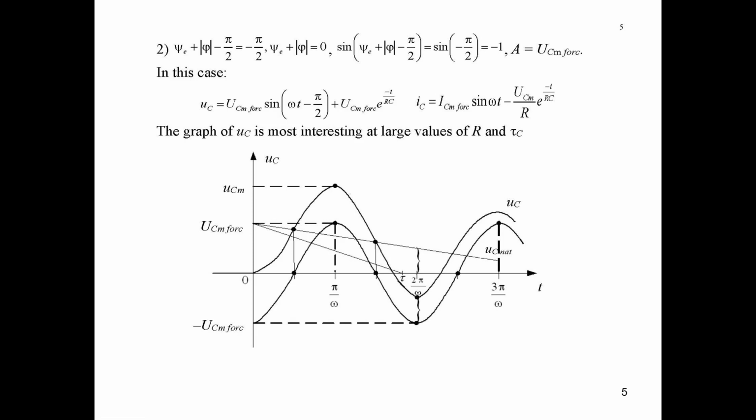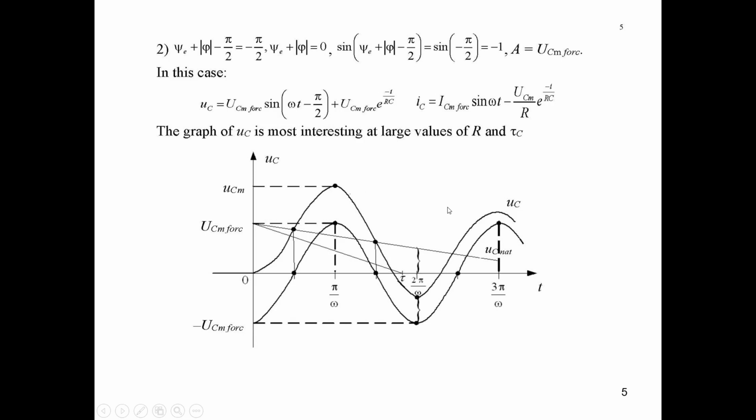Let's construct graphs of such functions. You see, this function is uC forced. It starts from the -1 level at t equal to 0, like here. And let's construct also the natural component.